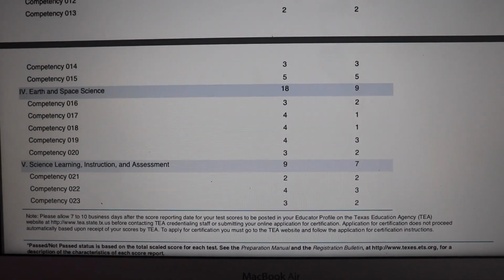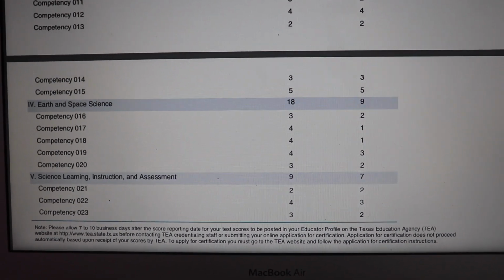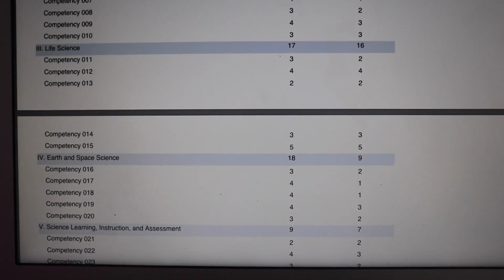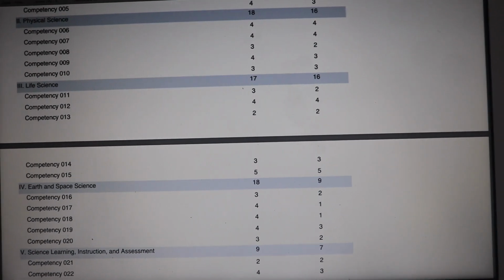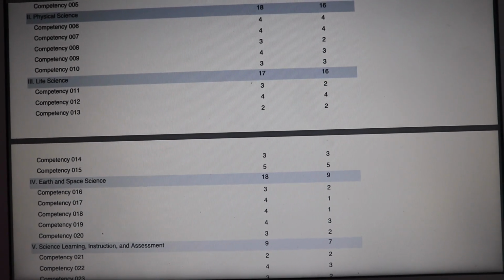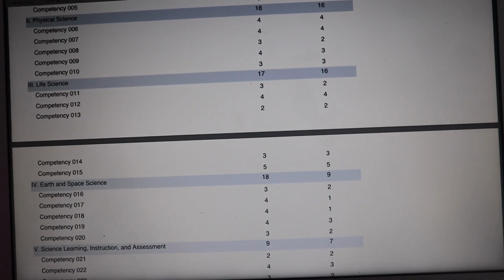So yeah, I really hope that this helps you throughout your process of taking the exam. When I was looking for information about the science 4 through 8 exam, there was no information out there. That's why I want to be the one to provide information for y'all, because I know how hard it was not knowing what's going to be on the exam or what I should study more of and less of.